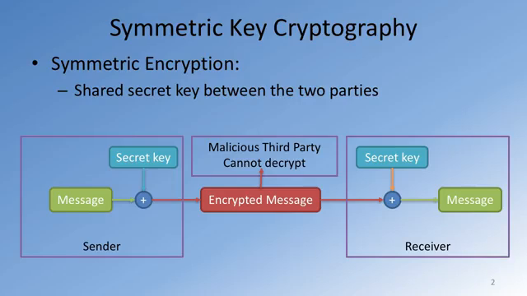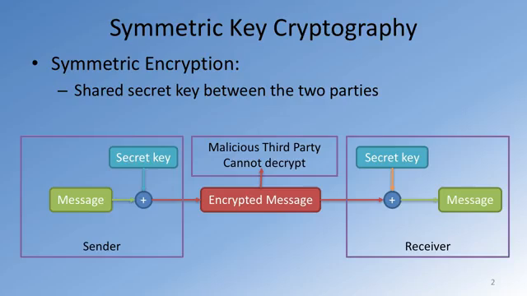So when the sender needs to send the message, the sender will encrypt this message using a cryptography algorithm which uses the secret key as the other input to this algorithm. And once this message is passed through this cryptography algorithm, an encrypted message will be generated. Now, this encrypted message will be sent through the channel across to the receiver side.